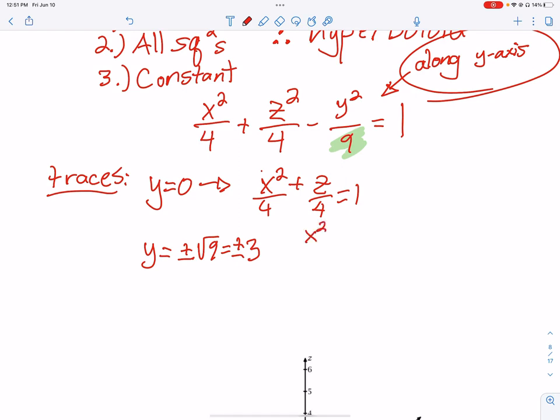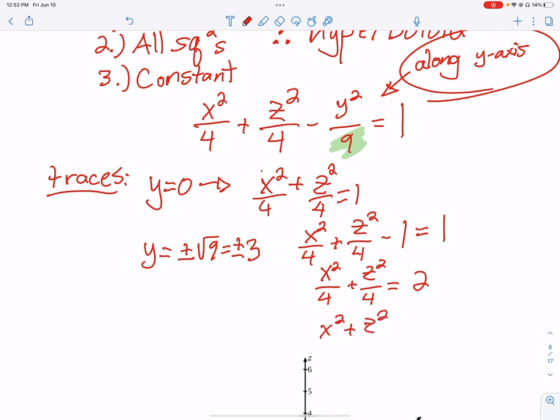That's going to give me x squared over 4 plus z squared over 4 minus 1 equals 1. If I add 1, then I get x squared over 4 plus z squared over 4 equals 2. Multiplying by 4, we get x squared plus z squared equals 8.